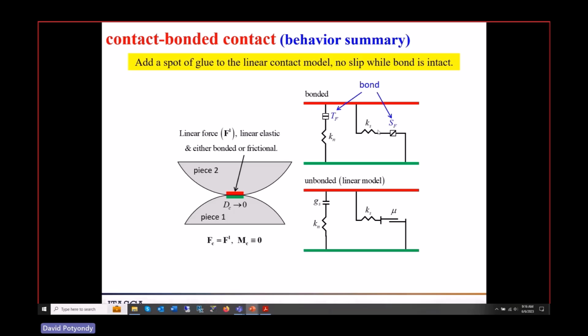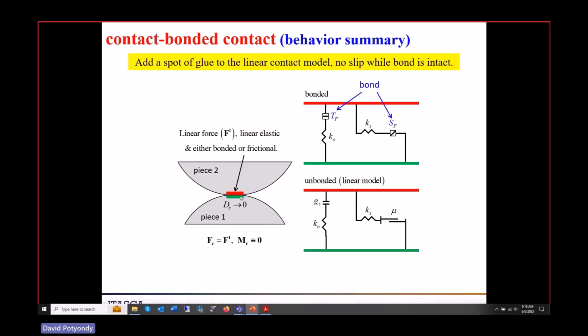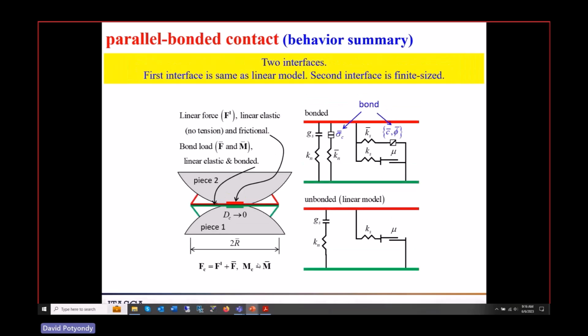There's no additional stiffness when we turn on the bond. Also, for this contact bond, because it's infinitely small area, there's no resistance to moment. If I apply a rotation to the top and fix the bottom, there's no resistance because I can't build up compression and tension. That's why the contact moment is identically zero for this contact bond. This would be like a sandstone with a very, very tiny amount of cementation at the grain contacts.